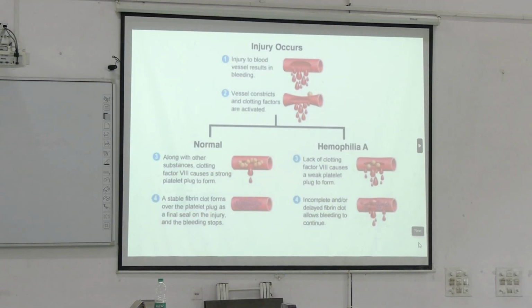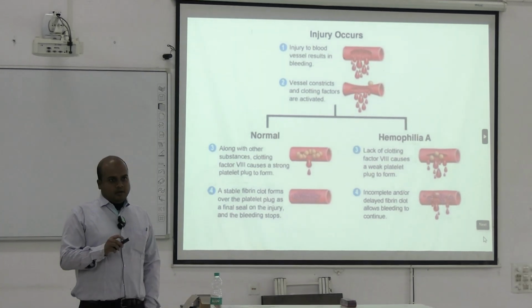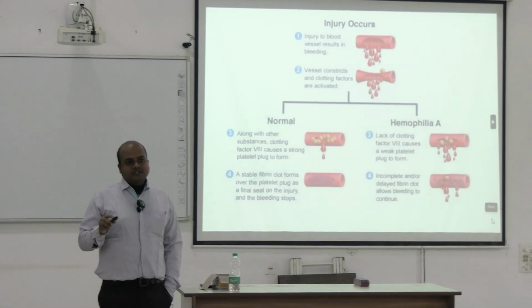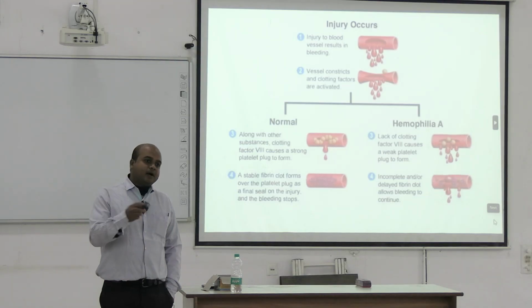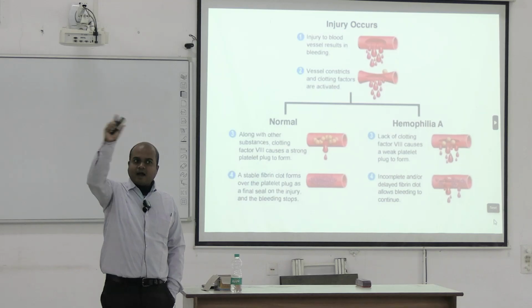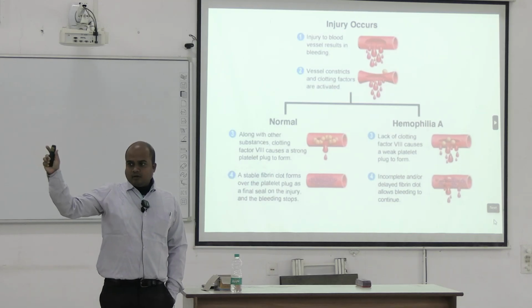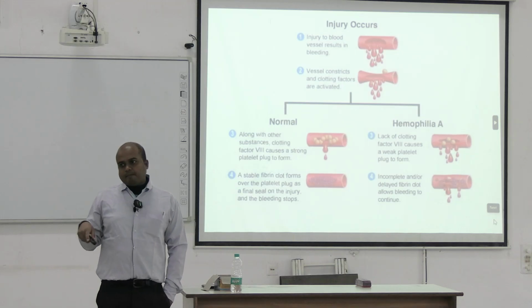In hemophilia, lack of clotting factor 8 causes a weak platelet plug. Platelet plug means primary hemostasis. So hemophilia A is hampering the primary hemostasis itself. As factor 8 is involved in formation of that platelet plug, the initial stage of adhesion, activation, aggregation is hampered.